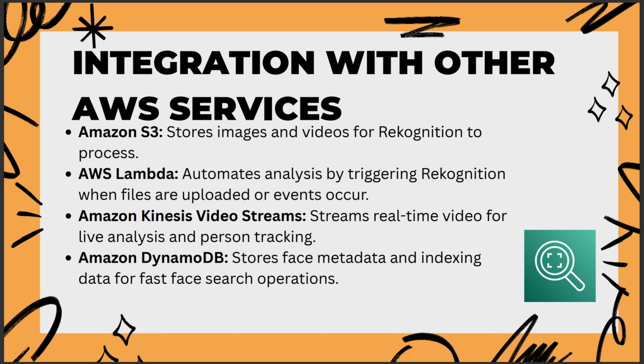Amazon Kinesis Video Streams can enable you to stream real-time video for live analysis and person tracking. This can be great for something like a security camera. And lastly, Amazon DynamoDB can store face metadata and indexing data for fast face search operations.